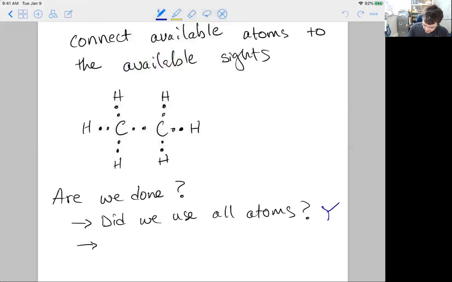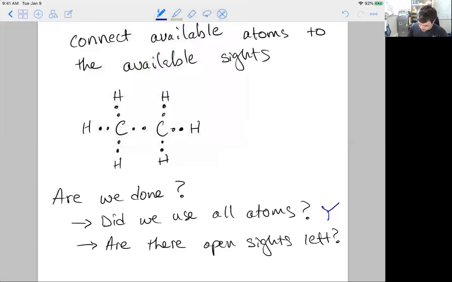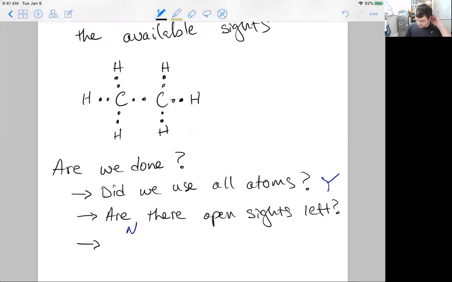The next question we want to ask is, are there open sites left? And hopefully this is no. We have no atoms left and we have no open sites left. If we have open sites left, then we need to start introducing double and triple bonds into our system.